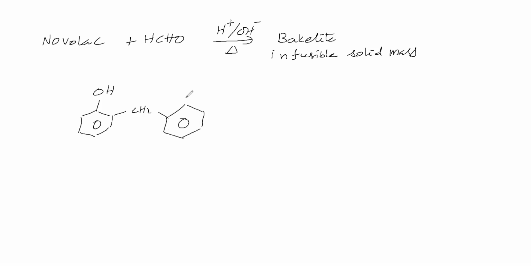Another phenyl ring. Here OH group. Here CH2 group acts as a bridge. Another phenyl ring, OH group. Here CH2 group acts as a bridge. It continues. It is one Novolak.